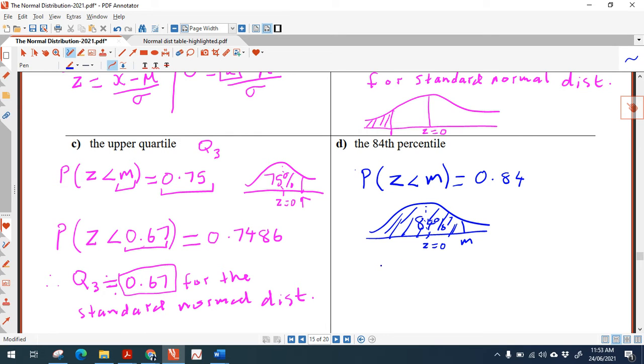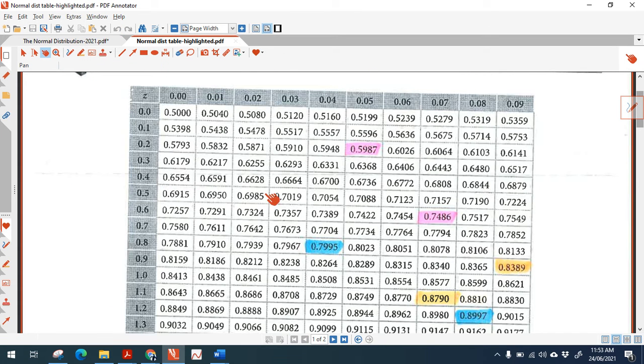Okay, so let's have a look. We want to find in the table the z-score which corresponds to this number here. So let's go to the table again. All right, we want to try and find 0.84.